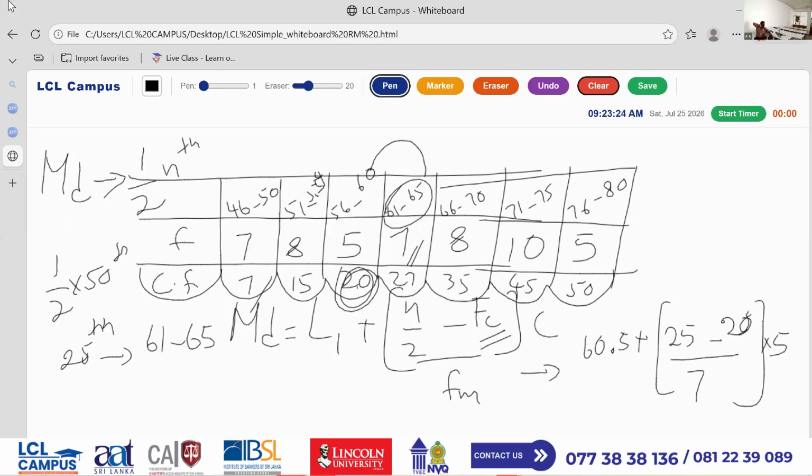It is 3 point something. Add that to 60.5. That is the answer, 64.00 something.